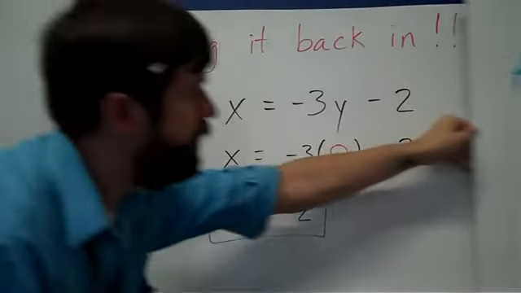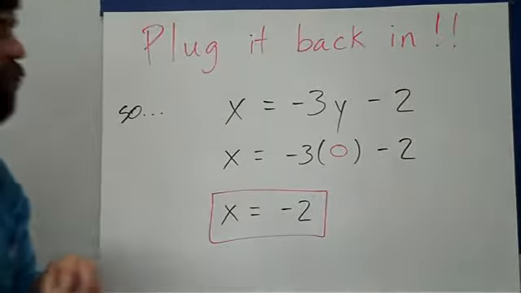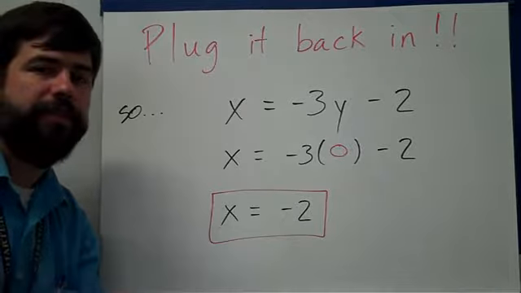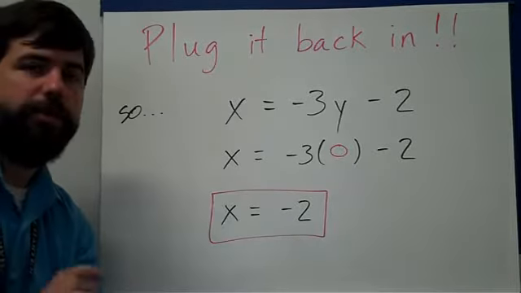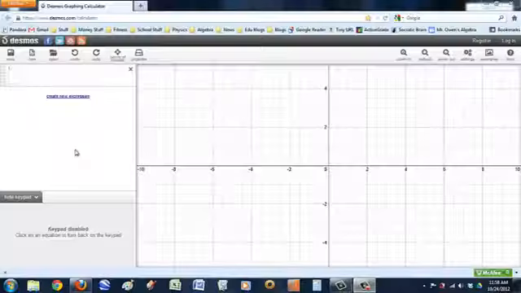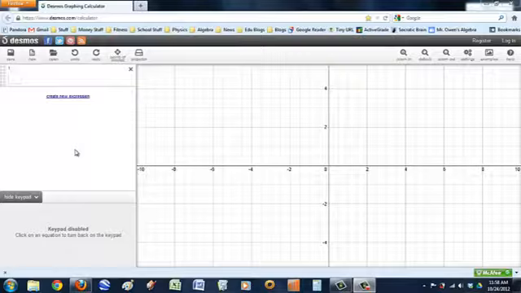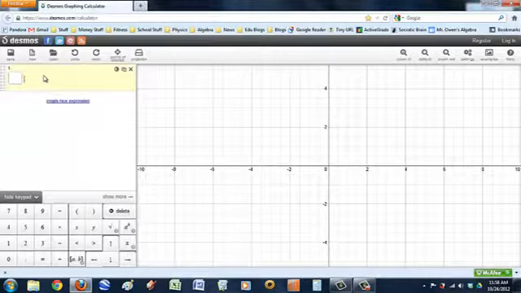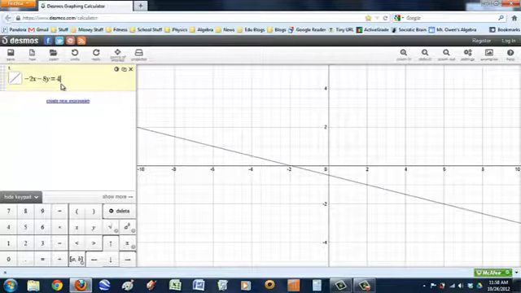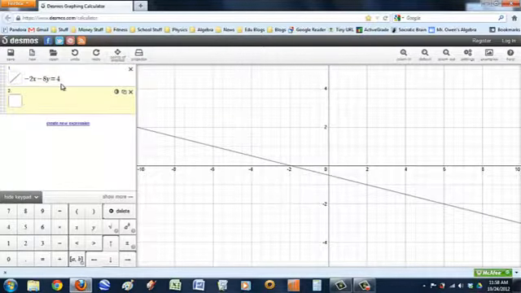So now there's another way to check to make sure that that is the correct answer, negative 2, 0, and that is to graph the two equations and make sure that's the point where they intersect. So we're going to look at that on Desmos. To check your answer using Desmos, just pull up the Desmos graphing calculator. You're going to type in the two equations, negative 2x minus 8y equals 4. Hit enter.